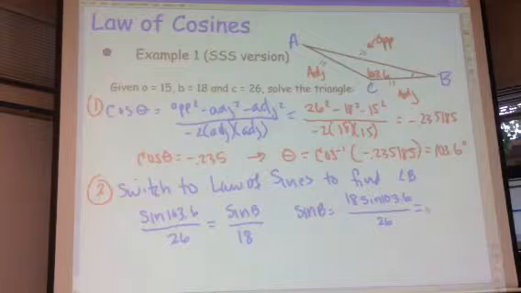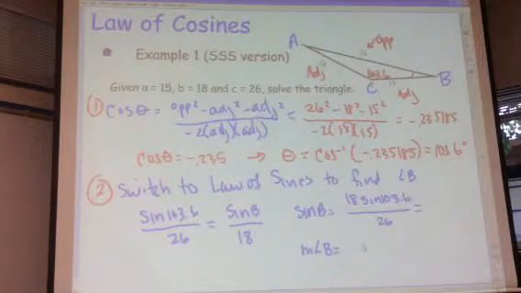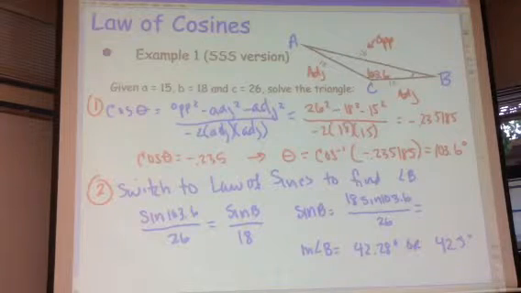And my decimal here is, I don't know, I don't have that written down. But I do know that if I do my inverse, I'm going to get my measure of angle B to be 42.28 degrees. Or let's call it 42.3 degrees. So this here is 42.3 degrees.